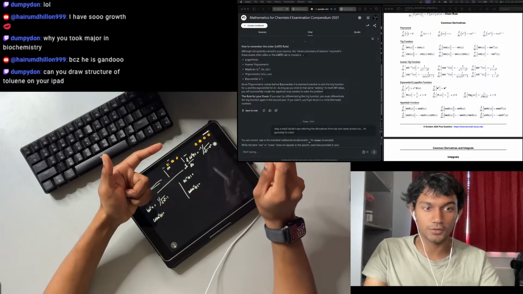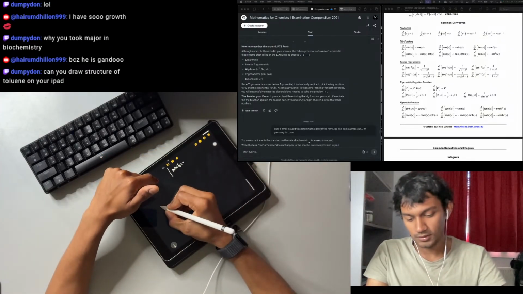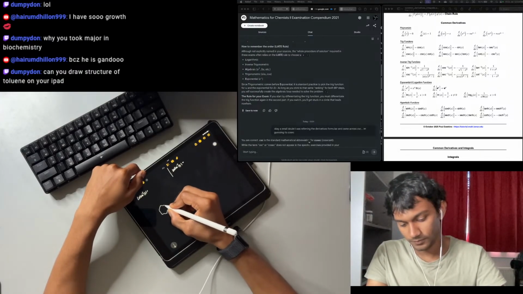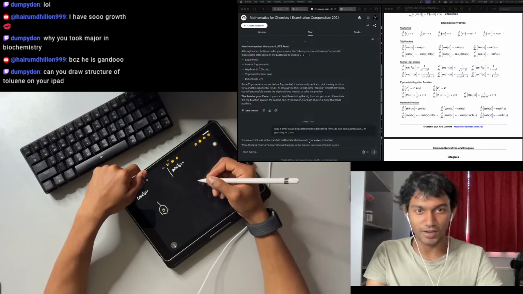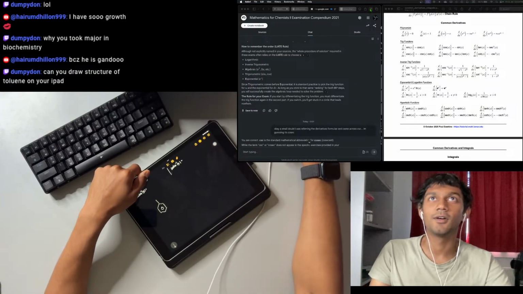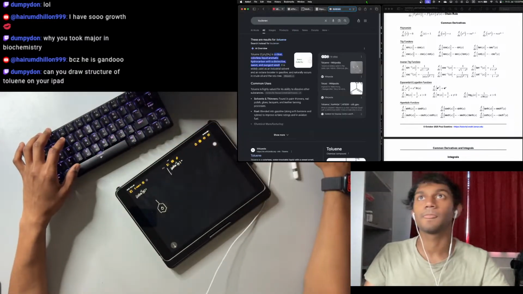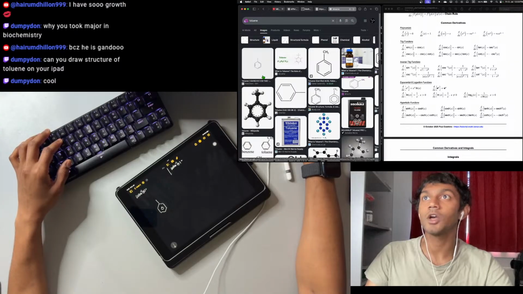Can you draw the structure of toluene on your iPad? Toluene, I know it's a benzene. Oh, bro, don't test me like that. I know this much. What's the rest? Yo, bro, don't test me like that. What was the structure? Oh, that's correct.